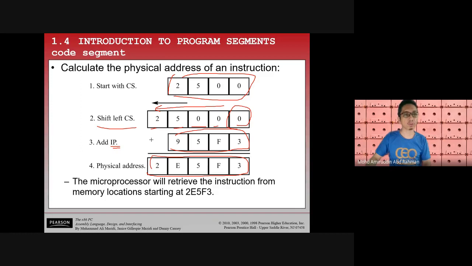So the microprocessor will retrieve the instruction from the memory location starting at 2E5F3.